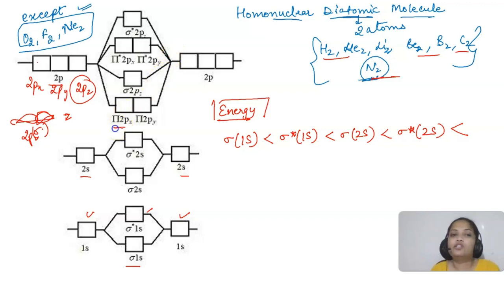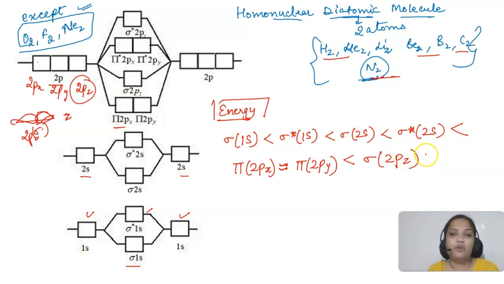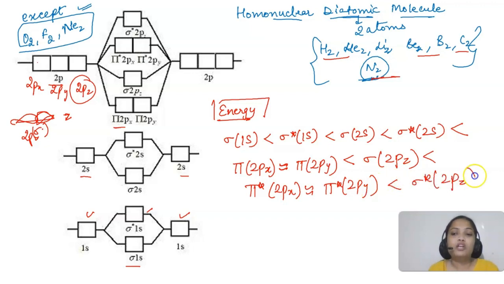The energy of pi 2px and 2py will be the same, so here you write pi 2px similar to pi 2py, meaning they have almost equal energy. Then sigma 2pz will come. After that the anti-bonding orbitals: pi star 2px, again the same energy as pi star 2py, and then sigma star 2pz. So this is the order that you have to remember for these molecules.